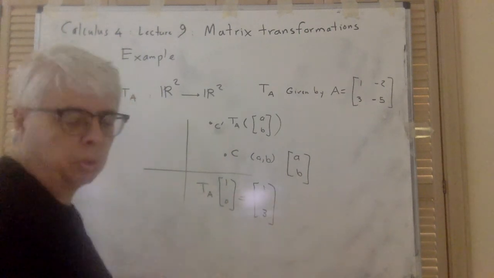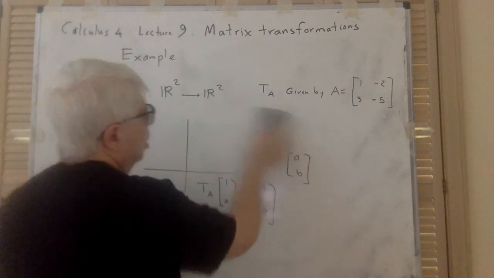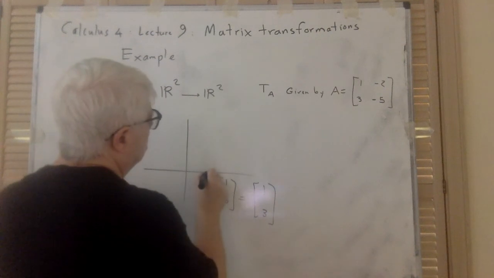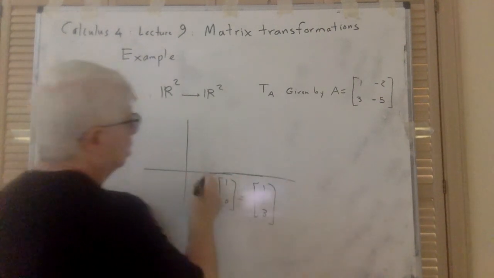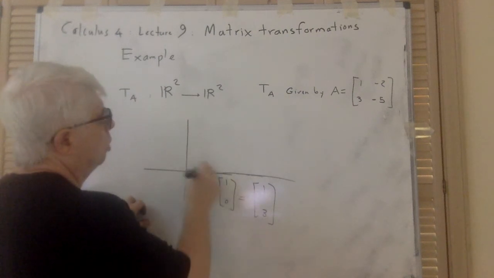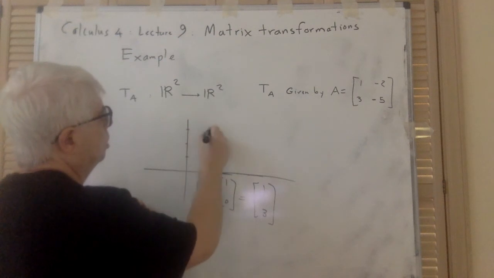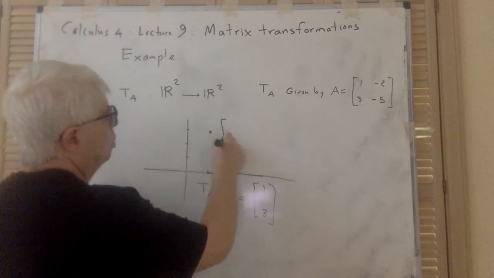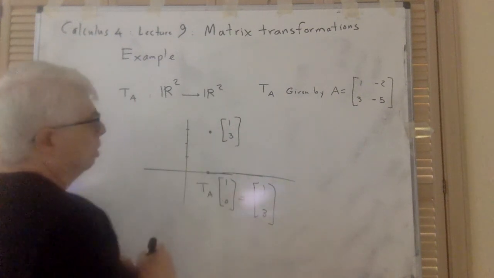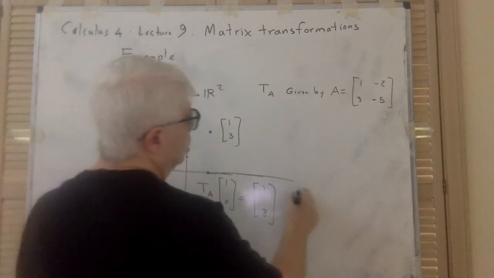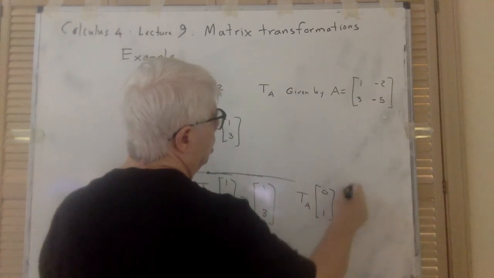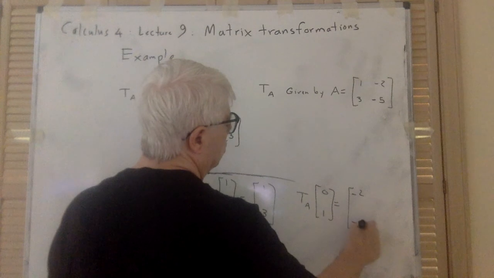Okay, so this transformation does this. It takes this point, which is 1, 0, to point 1, 3. So this is point 1, 3. This is 1, 0. What does it do to the other one? TA applied to 0, 1 gives me minus 2, minus 5.